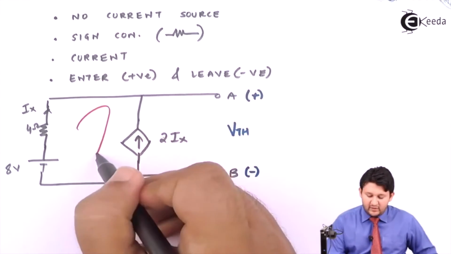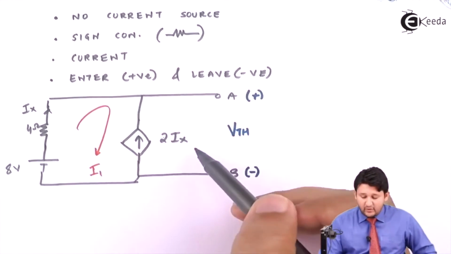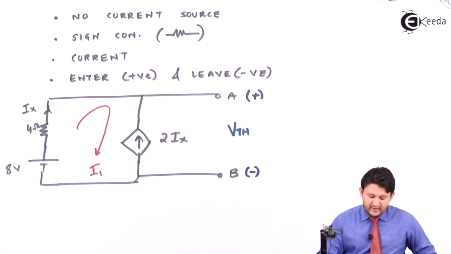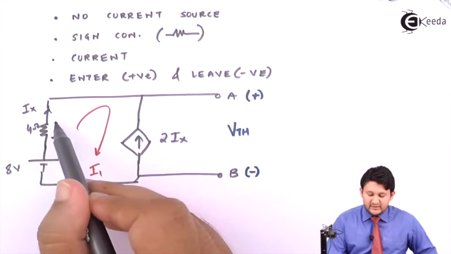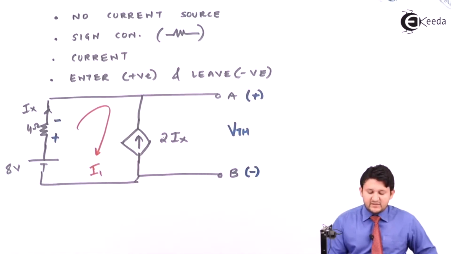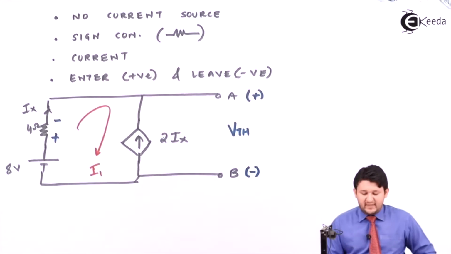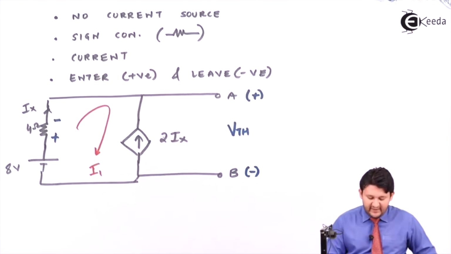So you have an unknown current over here, that is your I1. Over here, I cannot draw a current because the circuit is open. So your sign convention is given by the current: where the current enters, you name it positive, and where it leaves the resistance, you name it negative. Since there was only one resistance, you give it the sign convention. So those are the steps you need to follow for finding VTH.